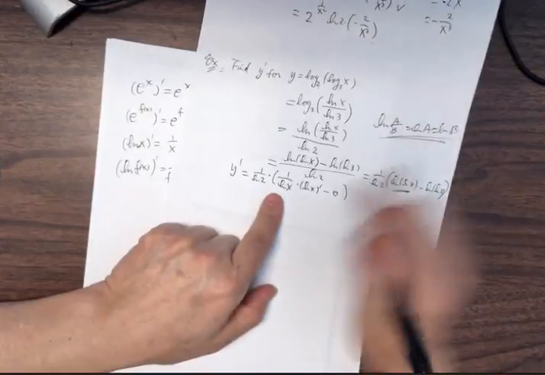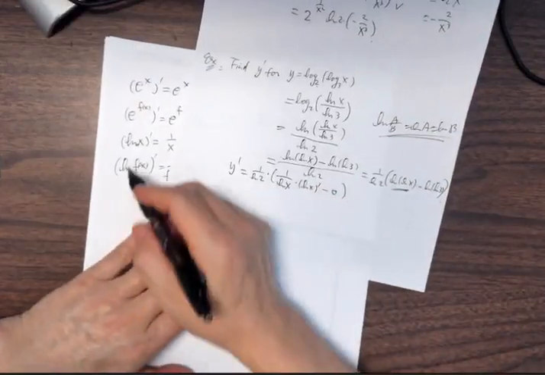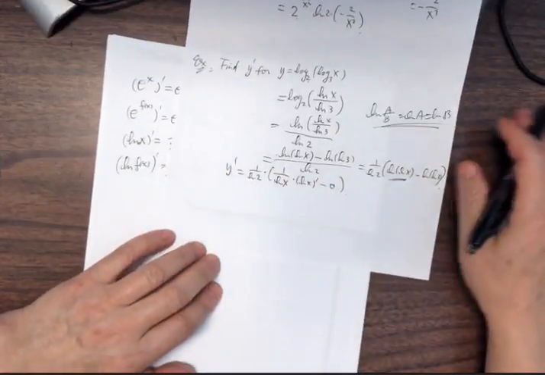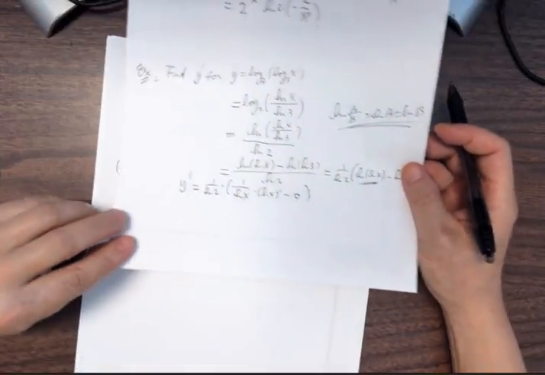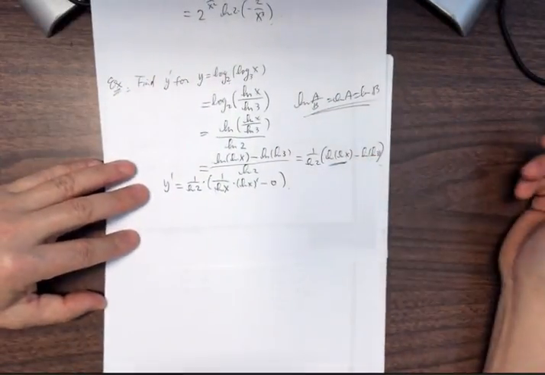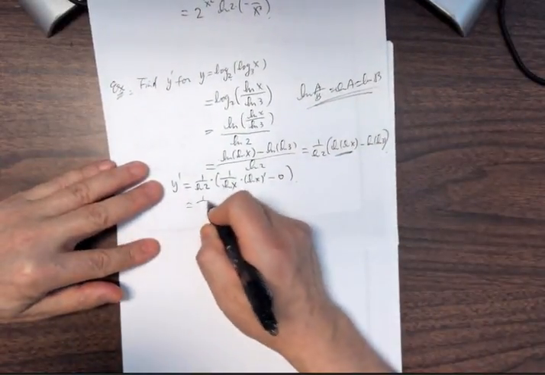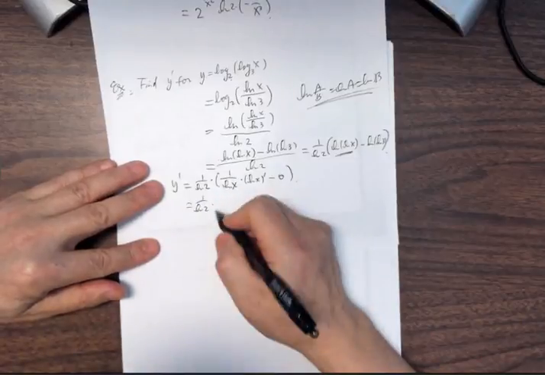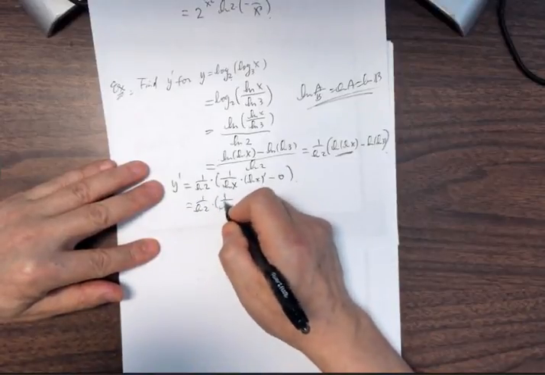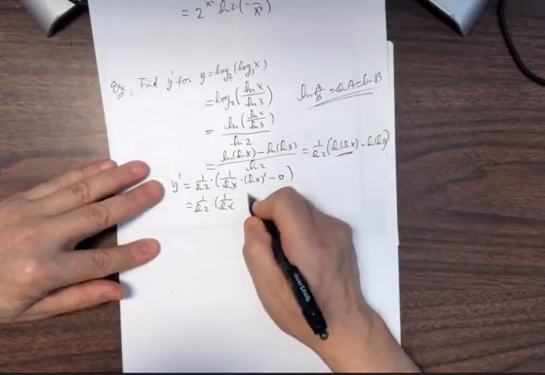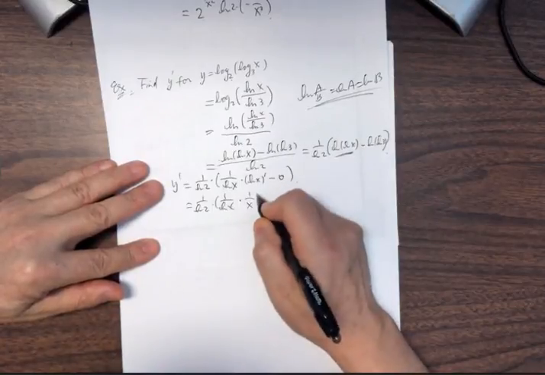So the log x here is like f in the formula. Alright, finished up. 1 over log 2 times 1 over log x times that. It's pretty simple. And this is 0.